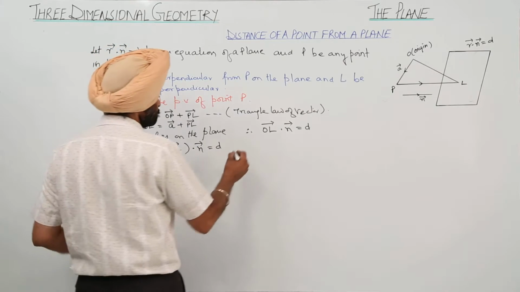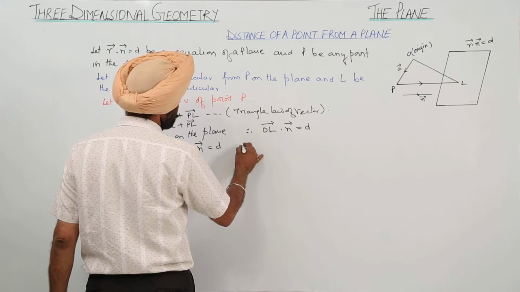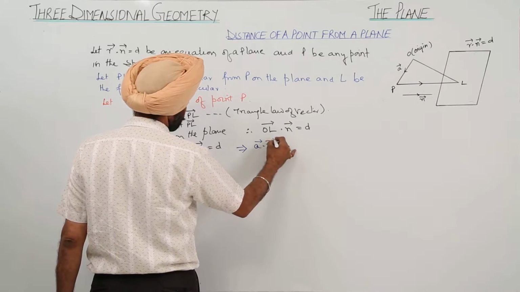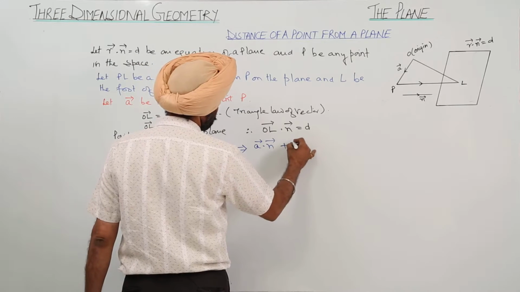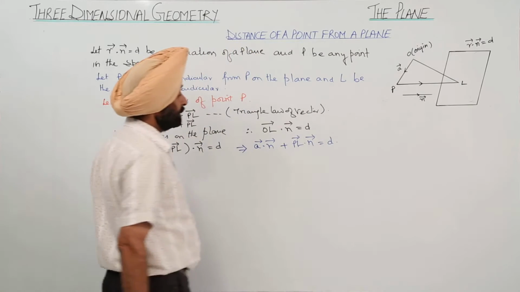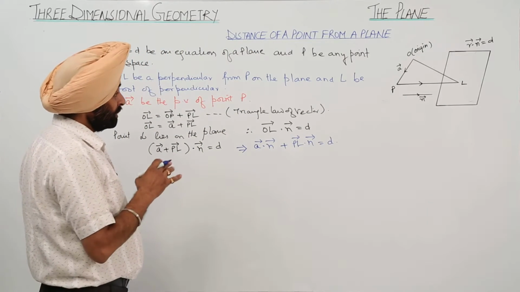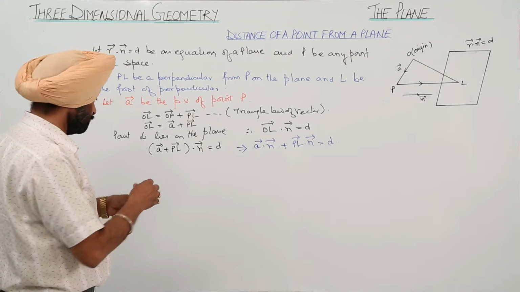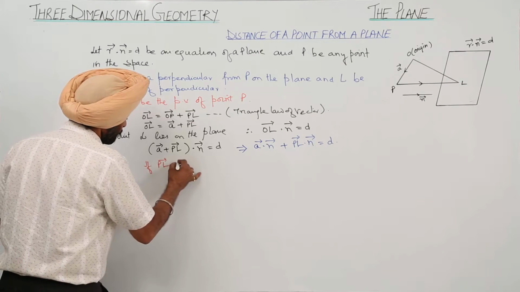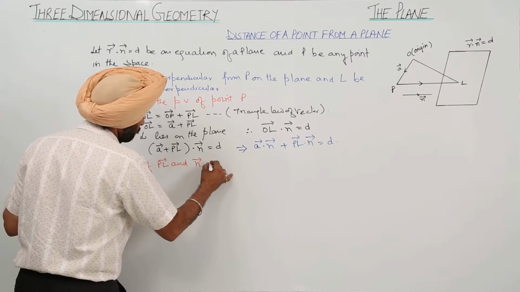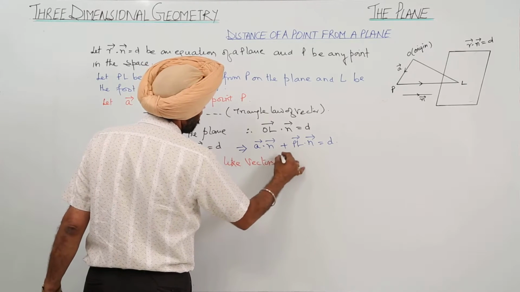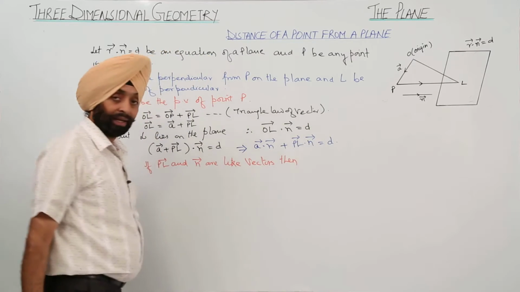Now this we can write it, vector A dot vector n plus vector PL dot vector n is equal to D. Now, if vector PL and vector n are like vectors, then what we can write?